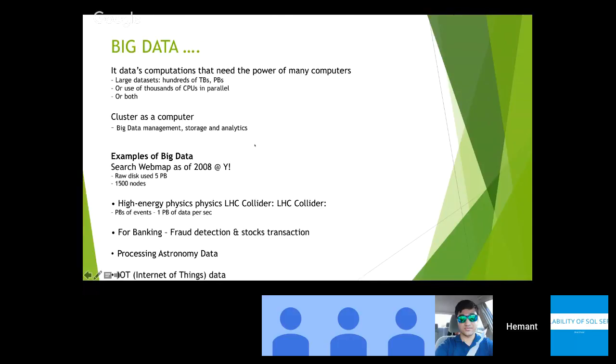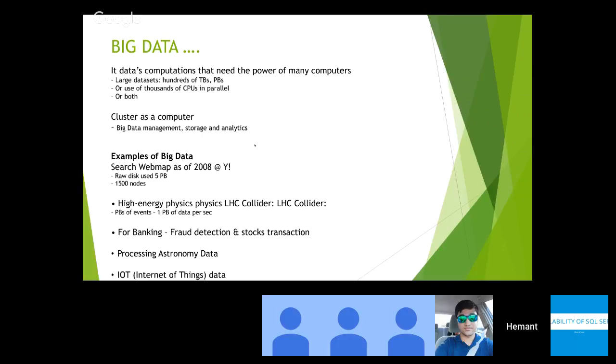One of the few examples where data is classified as big data is the example of search map, which raw disk can use 5 petabytes of data and can consist of 1500 nodes. I'll show more detail on the nodes later, what it actually means.